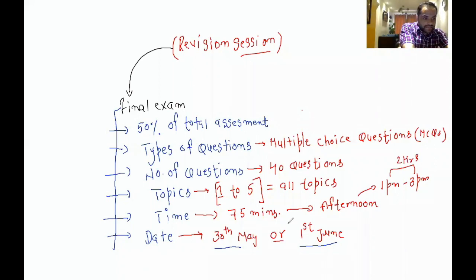So please tell me, is anybody busy on 30th of May or 1st of June in the afternoon, 1 p.m. to 3 p.m.? Everybody's free? Say something. Please say something. Are all free during this time?